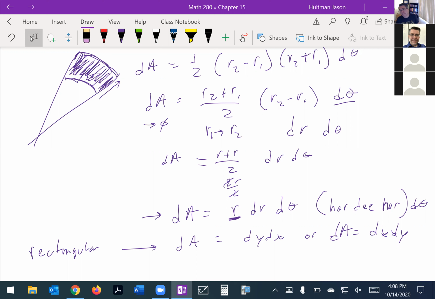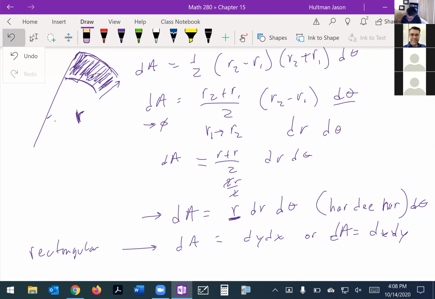Why? Because the further out you are, the bigger your arc is. Does that make sense? Where your r is at depends on the area that's being swept out. If you're closer to the origin, that's a smaller area.